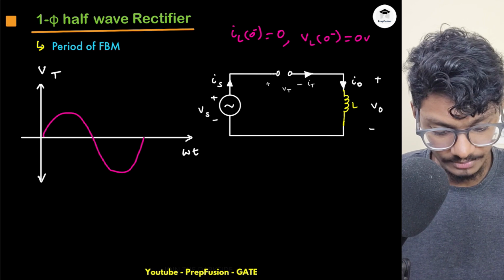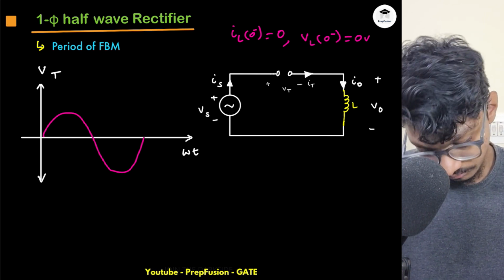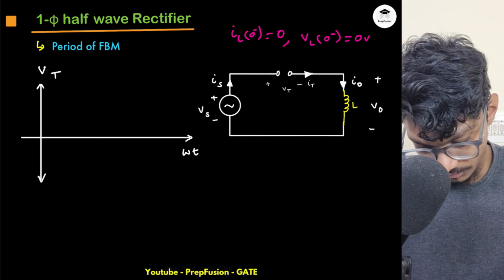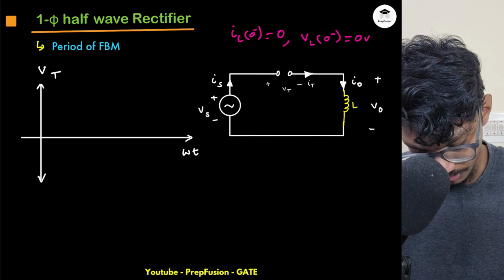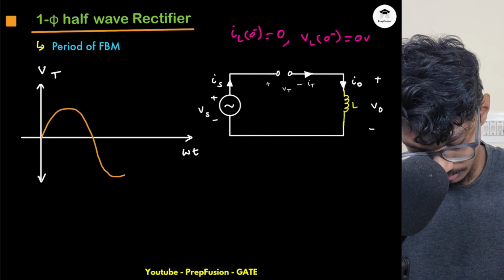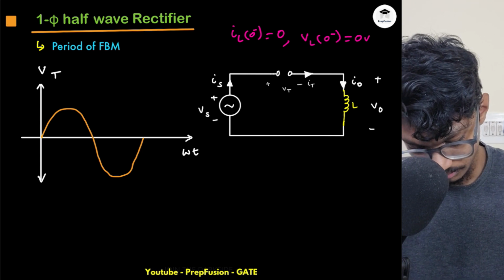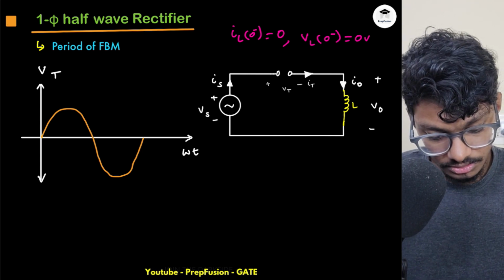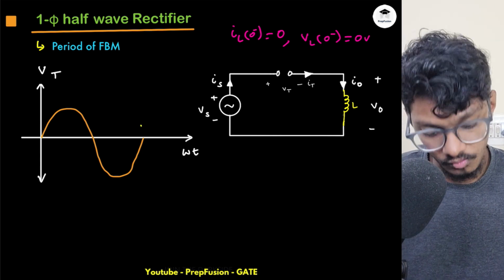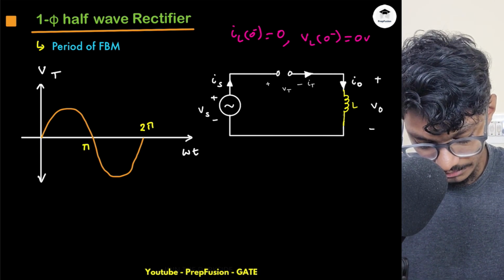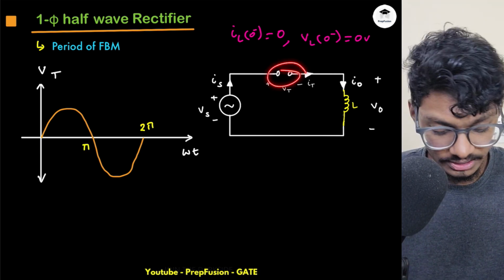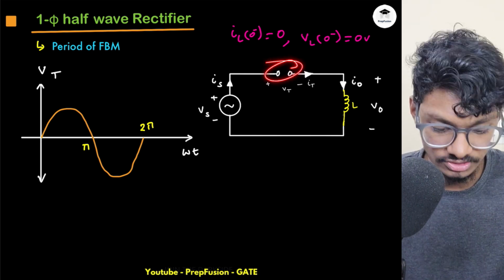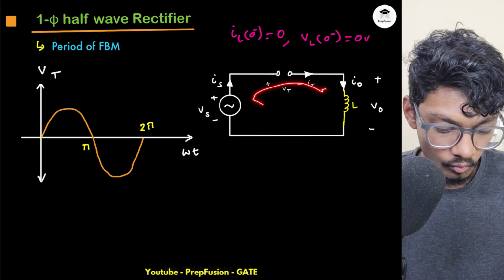Next, let me draw this in a better manner. Now this is 2 pi, this is pi. As soon as this SCR is triggered, it will try to flow some current.